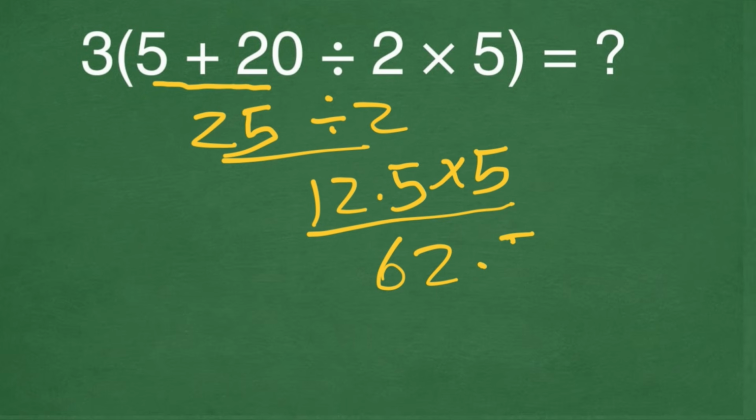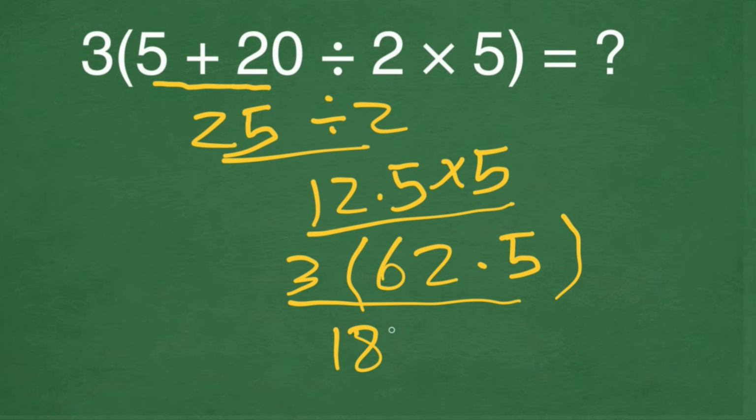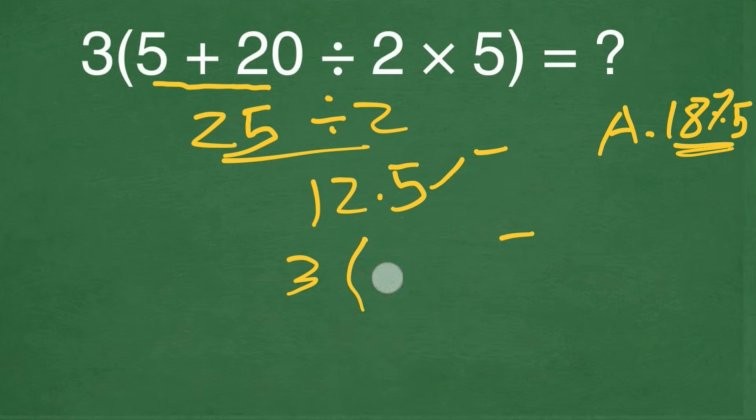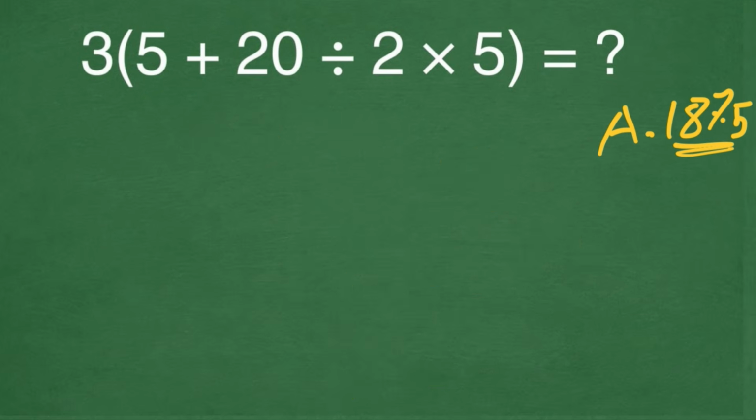So they do the parentheses like this, and they multiply this result by 3, and this gives them 187.5. But is this the correct answer? Wait for it. So for Group A, the answer is 187.5.